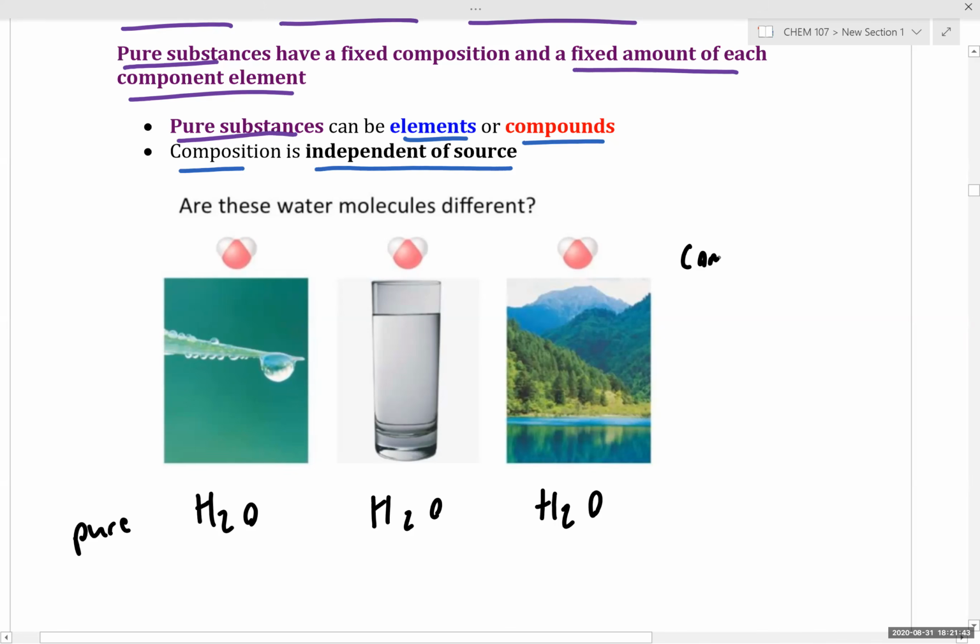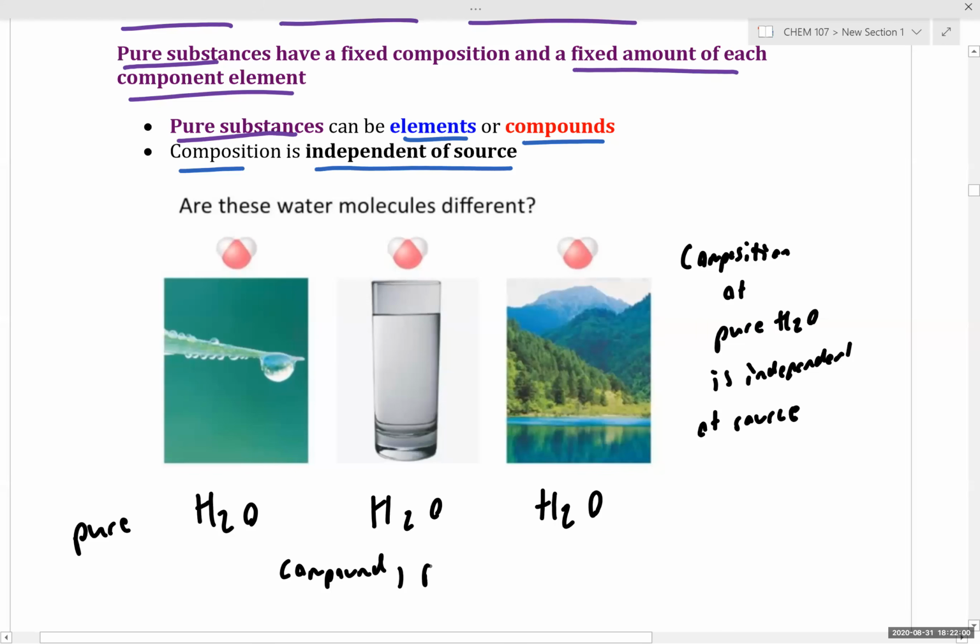The composition of pure water is independent of source. Why? Because water is a compound and it is also a pure substance.